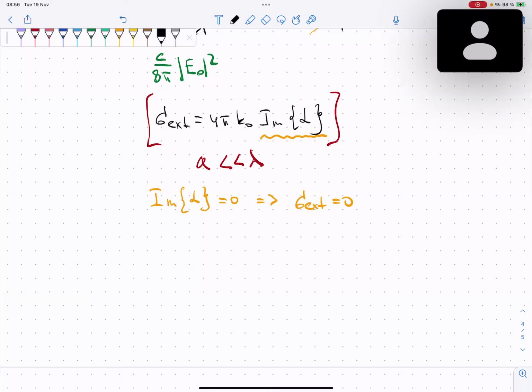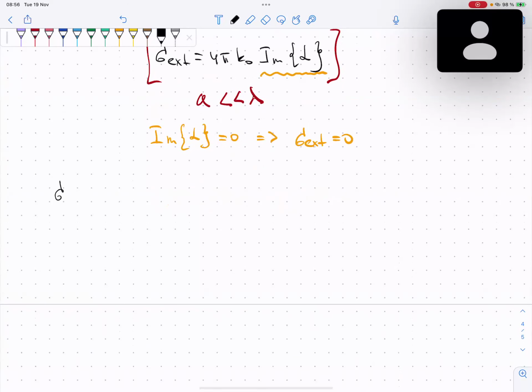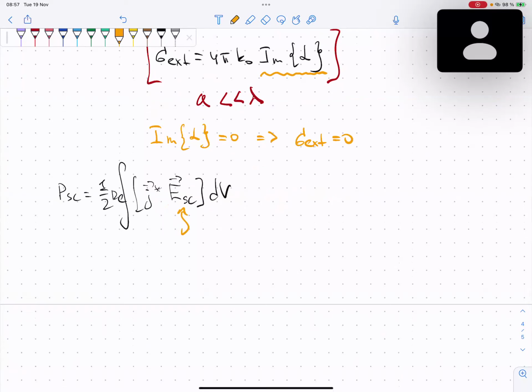We can calculate the scattering cross-section using the same equation, actually, J multiplied by E scattered. But in this case, we need to calculate this E scattered, which will not be very convenient. But it is very good that we have another equation.